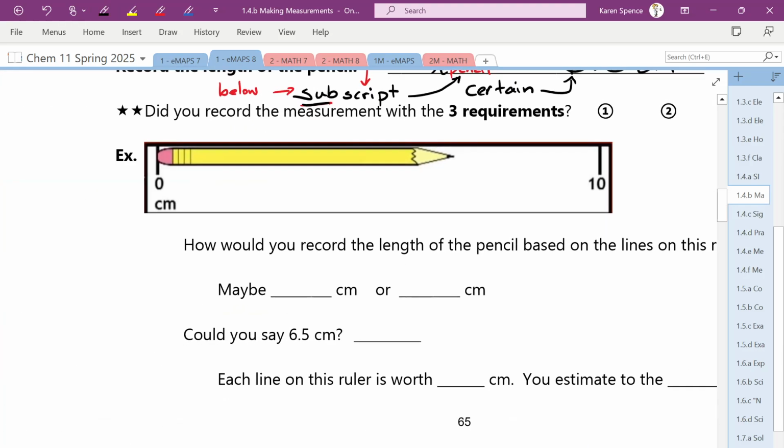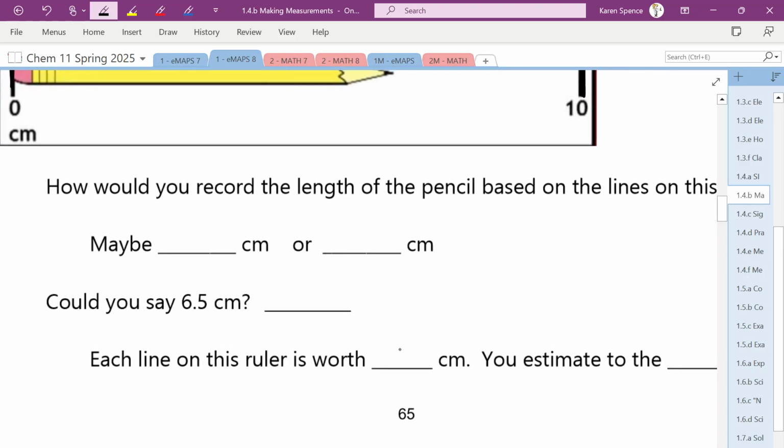All right, here we have a weird ruler. It only has 2 markings on it. It's got a mark at 0 and it has a mark at 10. Okay, that's it, right? So each line on this ruler is worth 10 centimeters, yes?